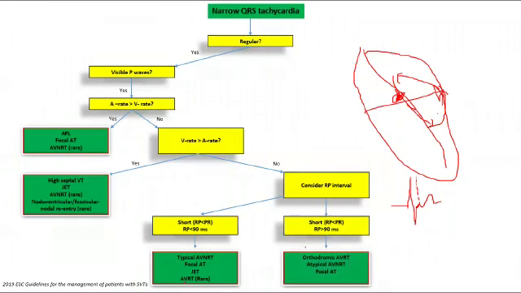Right. So next, if you have a short RP interval, short in a sense that the RP interval is still shorter than the PR interval, even though the RP interval is more than 90 milliseconds. So now in your differentials, you may have the most likely being orthodromic AVRT, which is this. So orthodromic AVRT is where you have an accessory pathway, but it doesn't conduct antegradely. You don't get pre-excitation, but rather it has retrograde conduction properties.